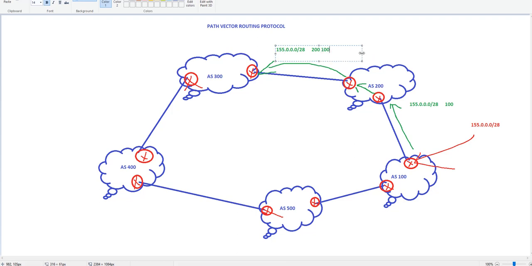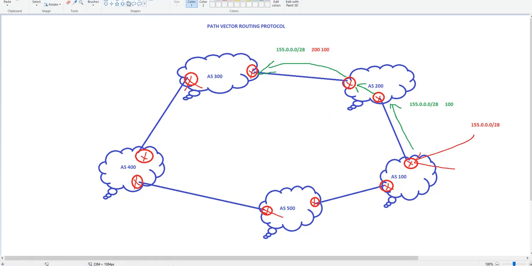Now it is a little bit changed here. Initially it originated from 100, now it has come to 200. From AS200, when it is advertising to the AS300 router, it also includes AS200 information in that prefix, so that there is a track of how many AS this prefix has traveled through.